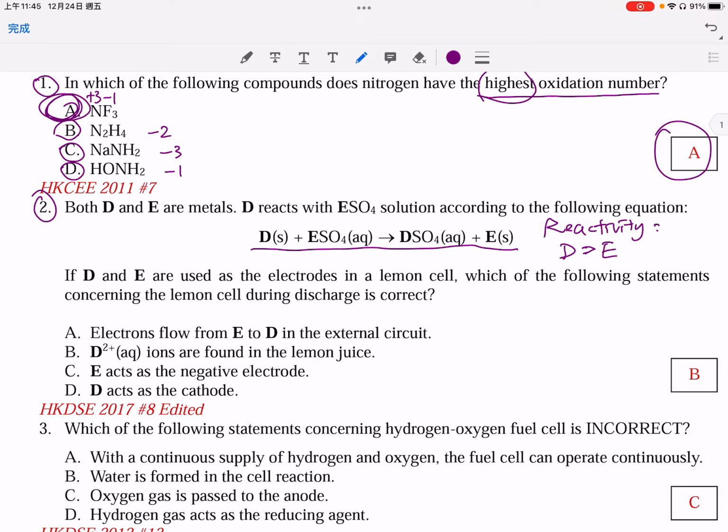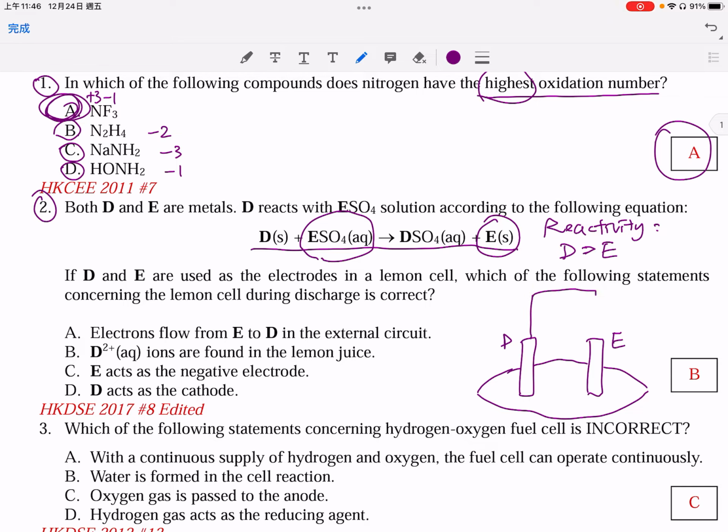Because D can displace E from a solution of the sulfate of E. So if we use these two metal strips, D and E, and put it in the lemon cell, then D is the more reactive metal, therefore electron will flow from D to E like this. And D is of course the negative electrode, while E is of course the positive electrode.